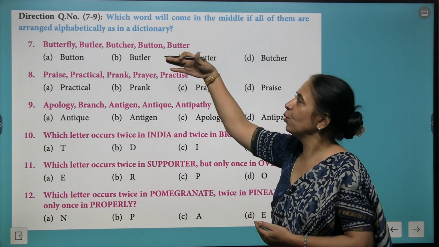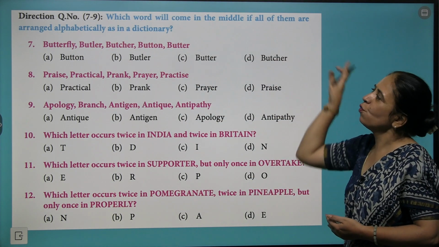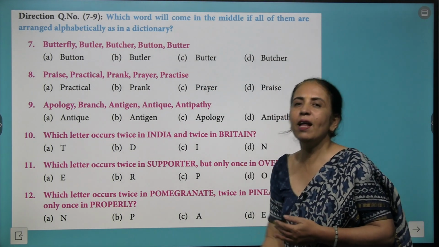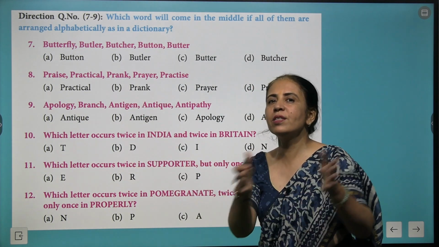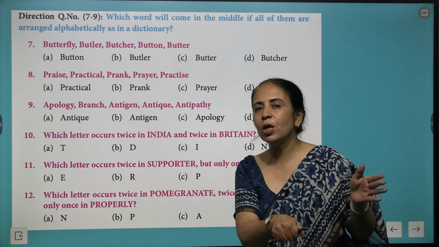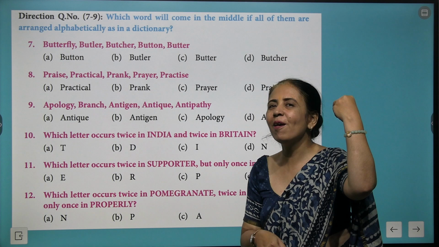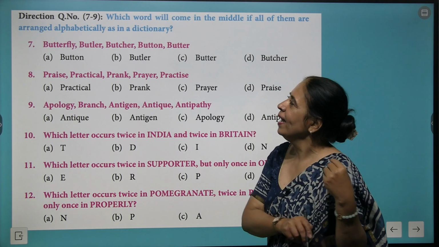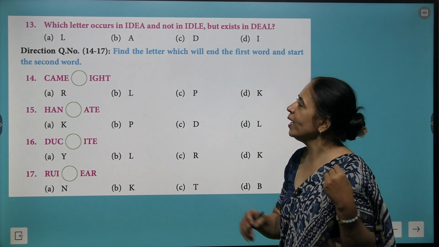Coming to next category of questions, which word will come in the middle if all of them are arranged in the alphabet order? So what you will do in these questions, you are going to first arrange all the words which are given to you in alphabetical order and then pick the middle one, that becomes your answer. Okay, and then we have another category of interesting questions.